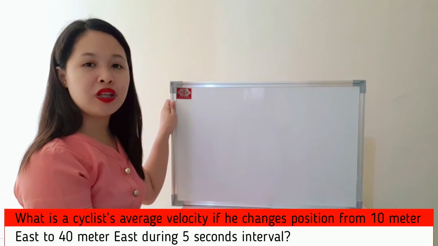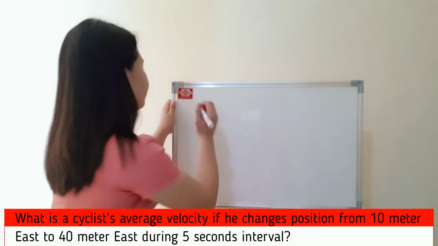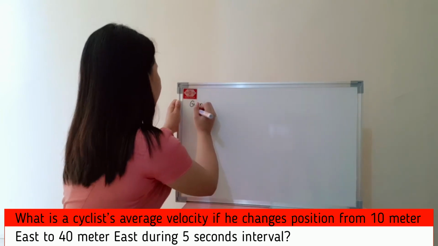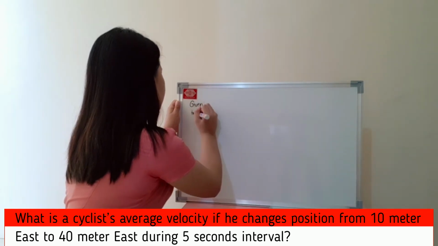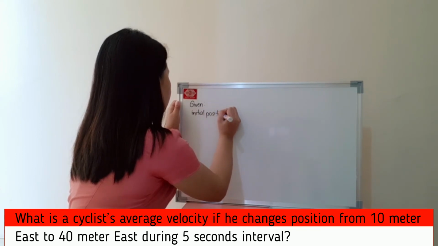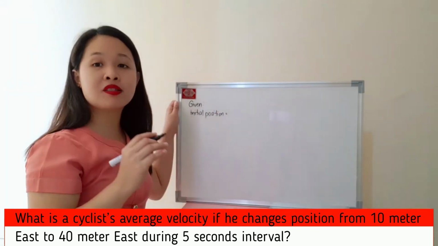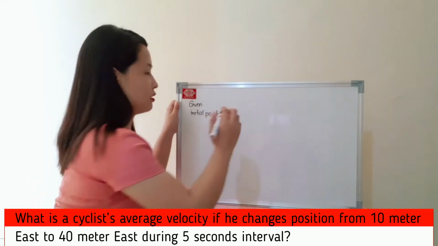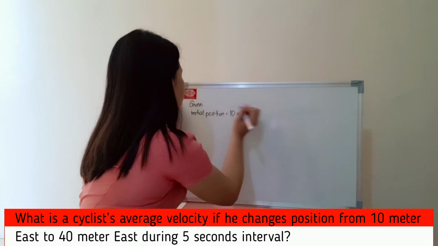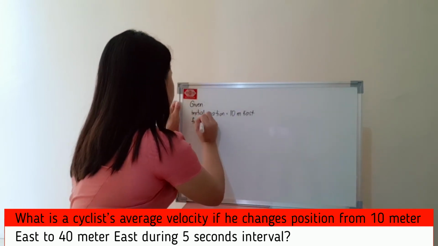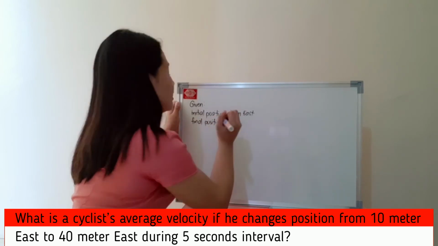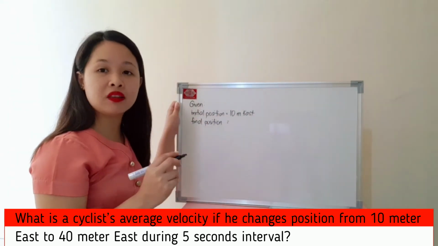First, we need to write the given. We have the initial position, which is equal to 10 meters east. And for the final position, which is equal to 40 meters east.